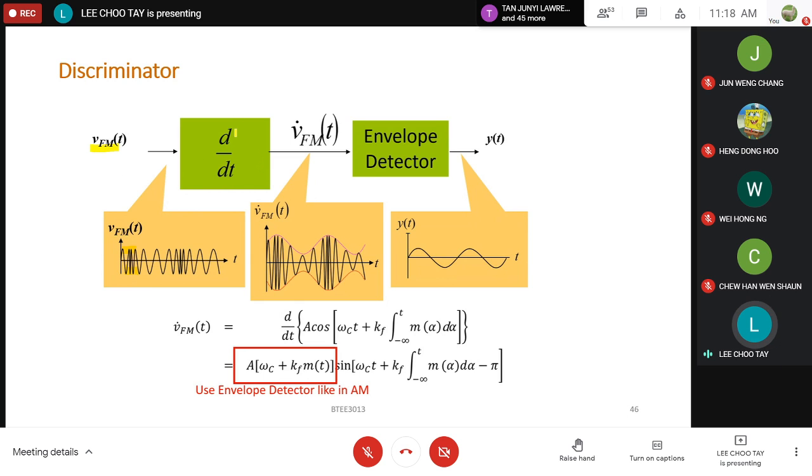So the differentiator will actually convert the change in the frequency, all right, to change in amplitude. So therefore, if you look at the amplitude variation of the output of a differentiator, it is very, very similar to the double sideband full carrier signal, isn't it? This is the envelope that represents the message.